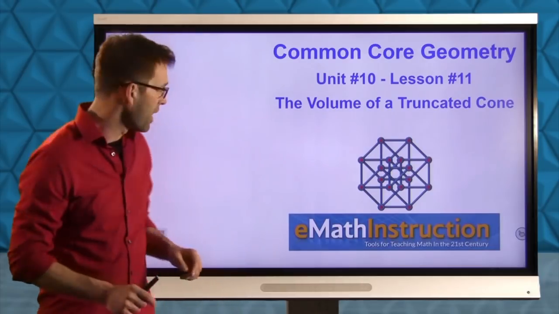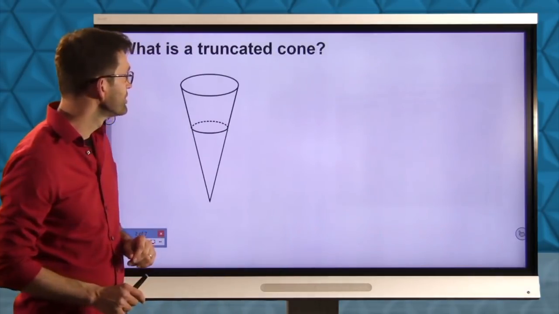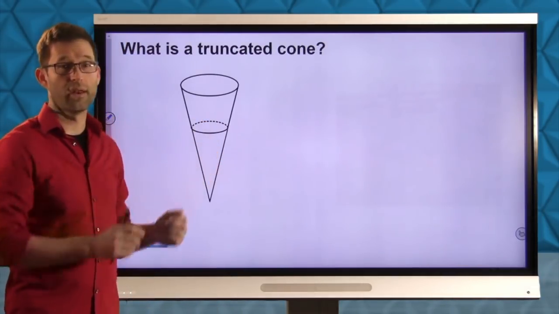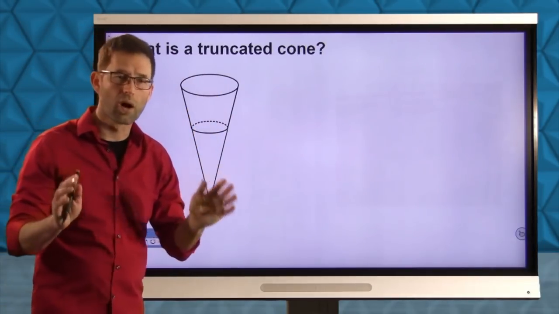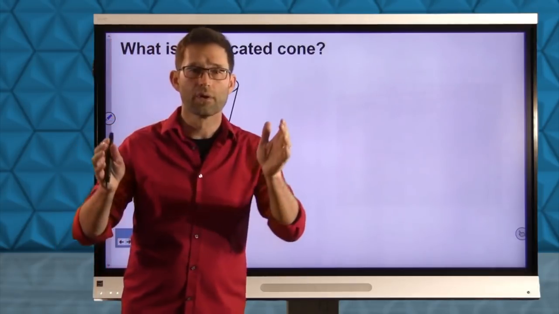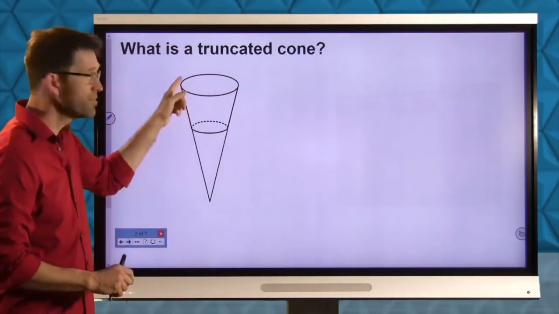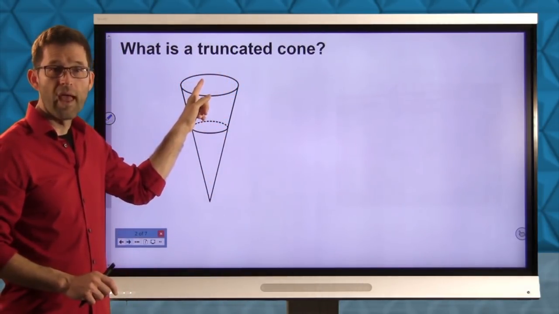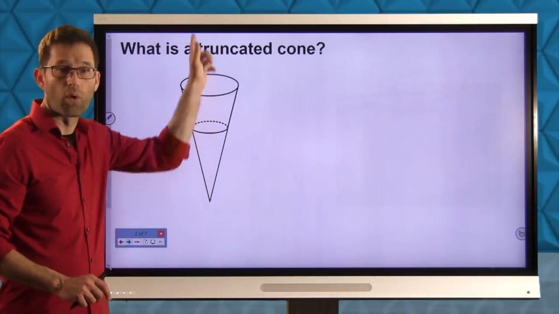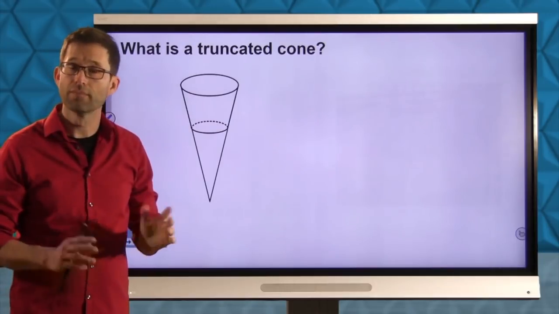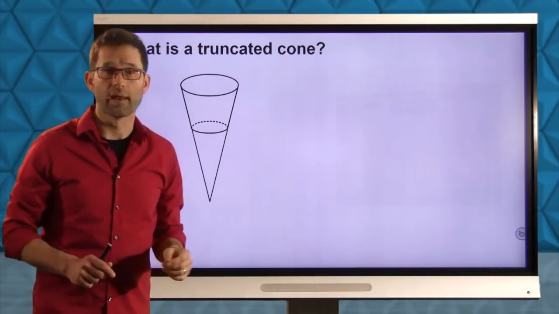So let's first talk about what a truncated cone is. Well, you know what a cone is, right? We're talking about just your garden variety right circular cone, meaning that the base is a circle, and the apex of the cone is directly above or below the center of that circle. So what's a truncated cone?